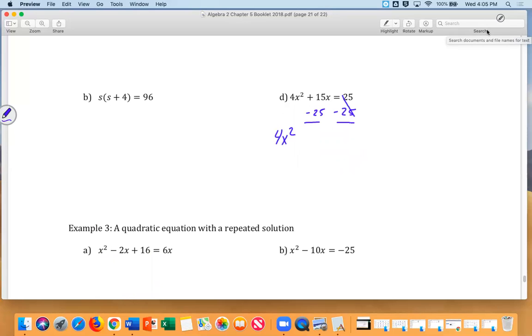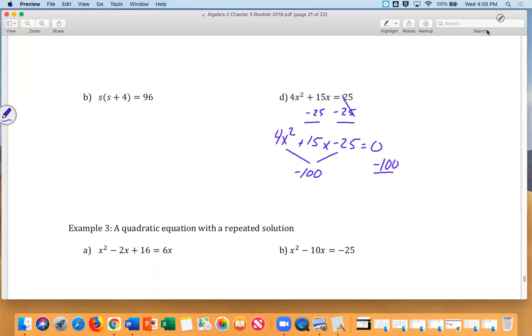4x squared plus 15x minus 25 equals 0. Now I have to use the British method because my first coefficient is not 1. I can't just factor 25 and hope to get it. Negative 100. So what are the factors of negative 100 that will add up to 15?